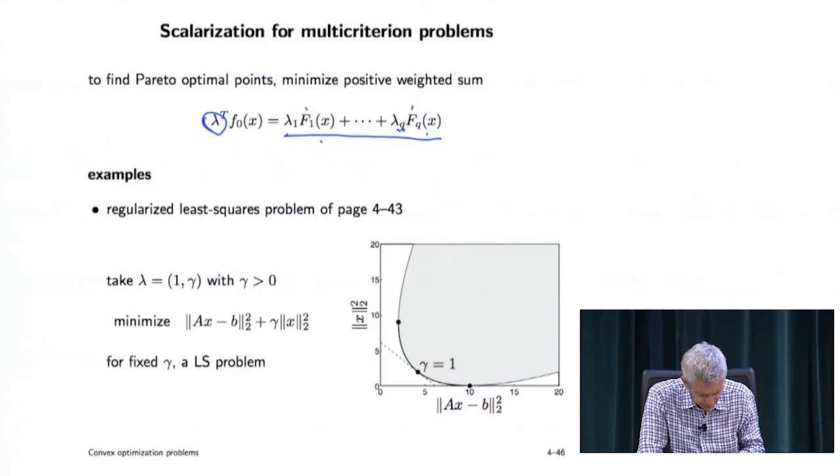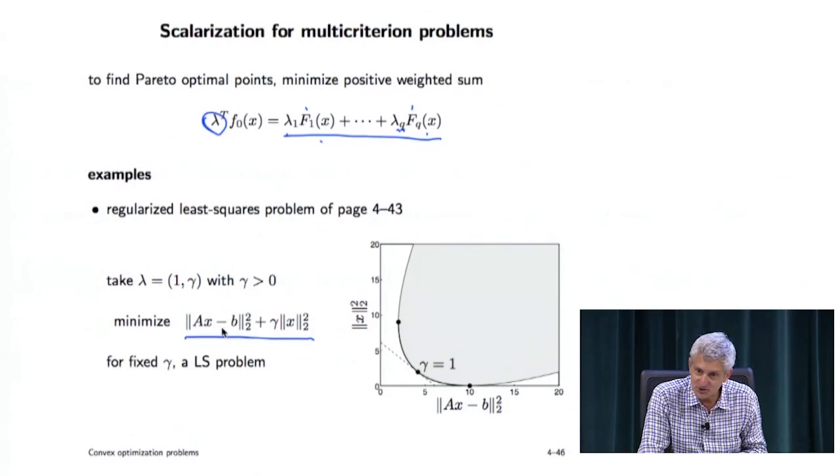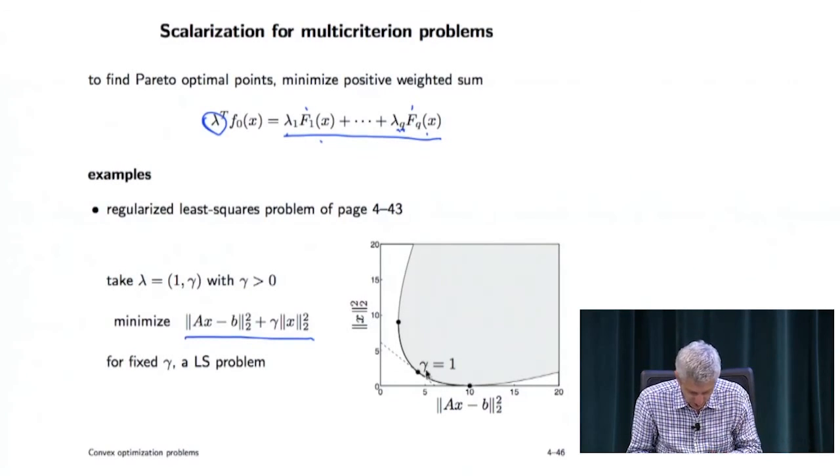Okay, now, when you apply this to the regularized least squares problem, you just get this. And there's our friend. In statistics you call this ridge regression, because you're minimizing a traditional least squares objective, and you add plus gamma times the norm 2 squared of x. That's a least squares problem, and for any gamma we can solve this. And this will trace out this curve like this.